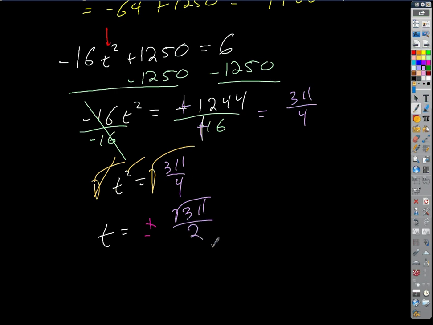And so that's going to give us something like 17.6. So divide by 2, and we get about 8.8-ish. 8.817.